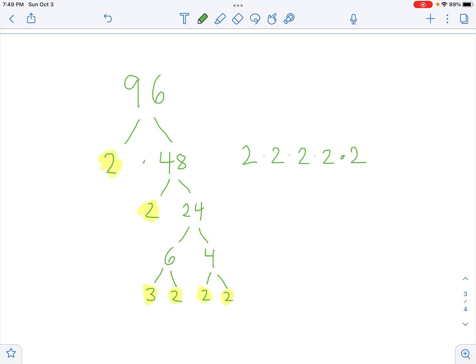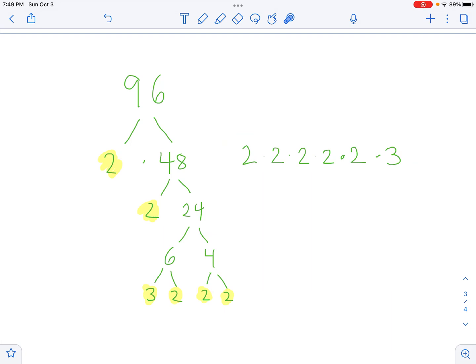So 2 times 2 times 2 times 2 times 2 times 3. That's the prime factorization of 96. And I can get any factor pair by combining whichever ones of these I like. So that's the prime factorization of 96. There's 5 2's and a 3. So I've broken up 96 as much as I possibly can break it up.